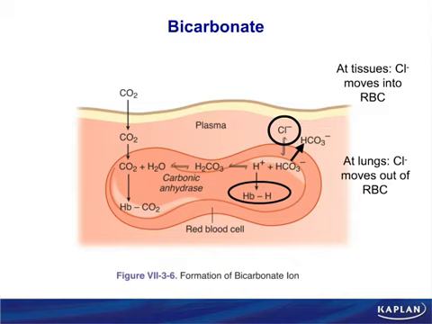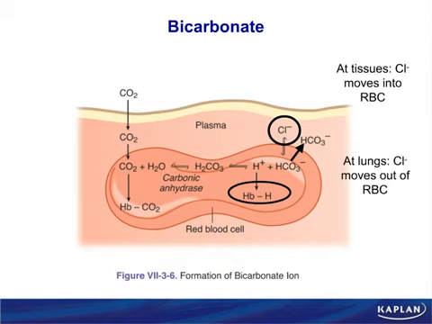So bicarb will come back into the cell. And to maintain electroneutrality, the chloride will move out. Hydrogen and bicarb will bind together to form CO2 and will drive the reaction to the left to make CO2 because we're always pulling that CO2 off as it goes into the alveolus.